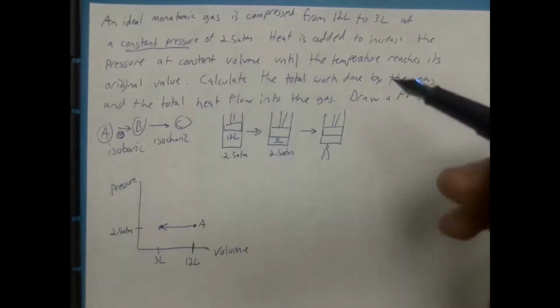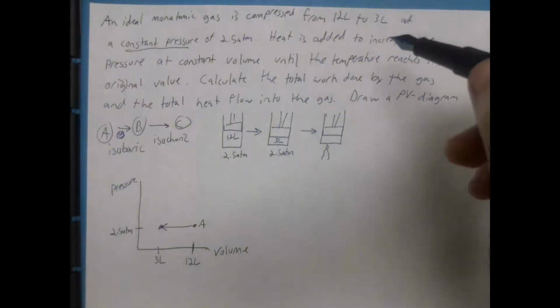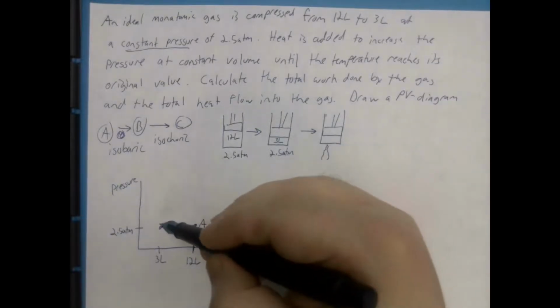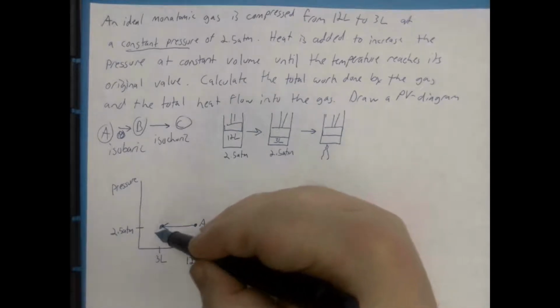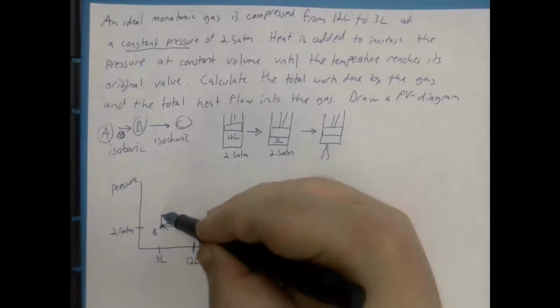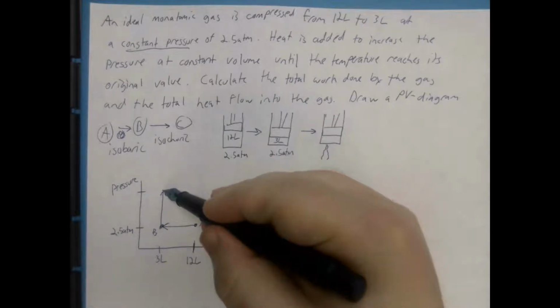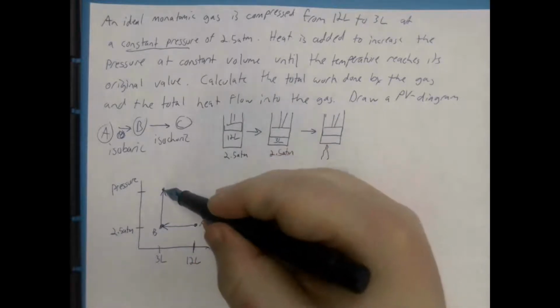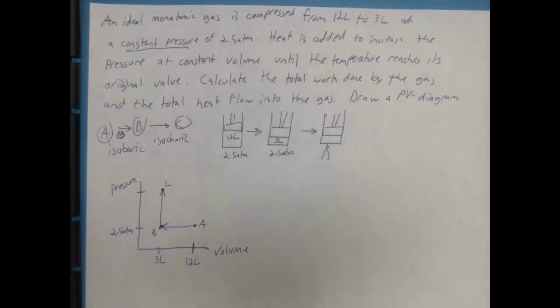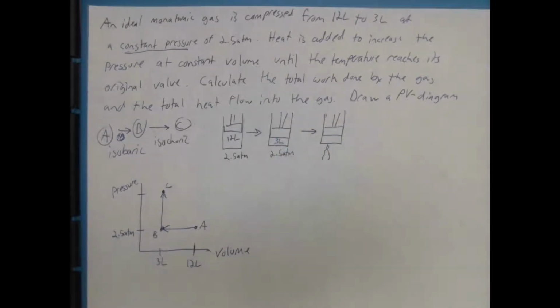After that, we're going to add heat to increase the pressure at constant volume. This will be point B, and we increase the pressure to some point. That gives us the point C. So calculate the total work done by the gas and the total heat flow into the gas.